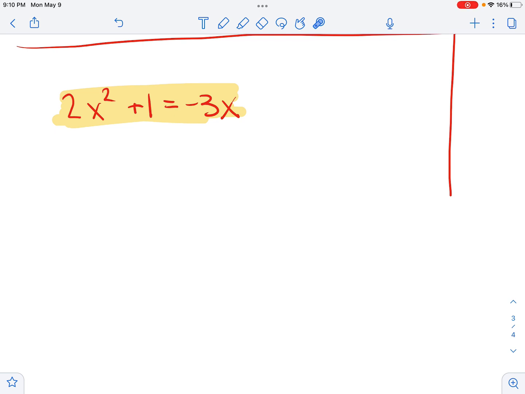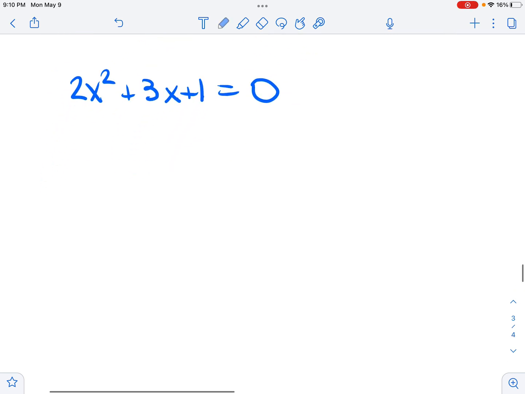So before I fill out the box, I need to make sure that it equals 0. So to make it equal to 0, I undo that 3x using its opposite. I put the x's in the middle. So that way the x squared is first and the number is in the back and the x is always in the middle here. All right. So then I'll fill out the box.